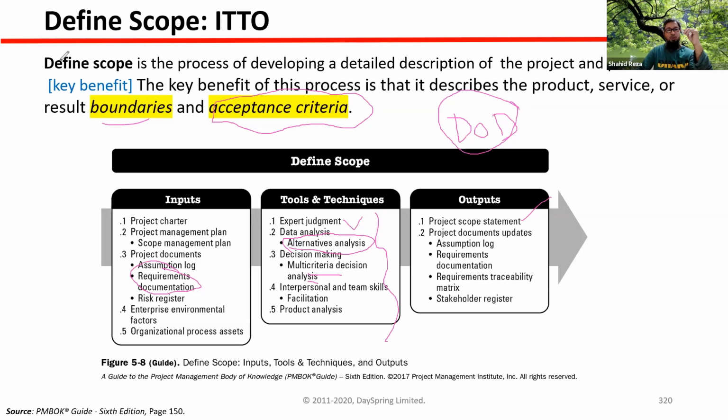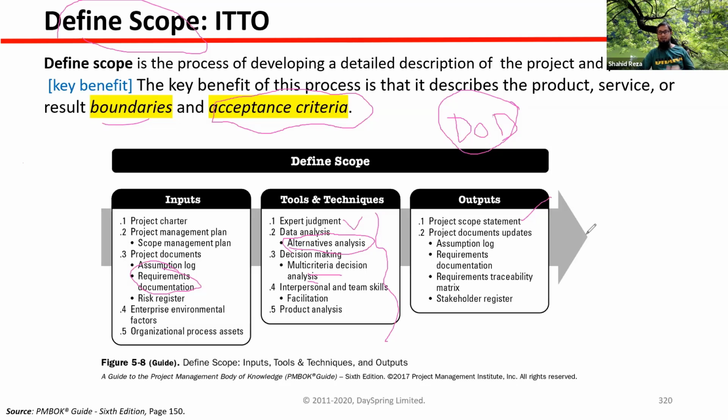All right. So one of the important things of this define scope process is to finalize the acceptance criteria or definition of done, so that after building or developing the requirement or scope, you can show the customer, and if all the acceptance criteria are met, then they will accept the requirement as done.